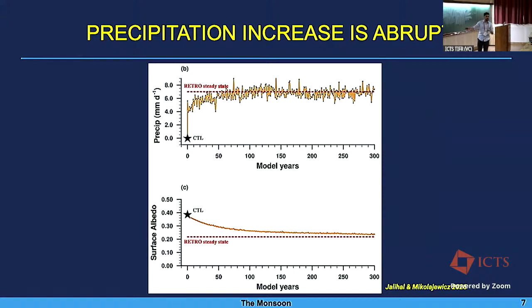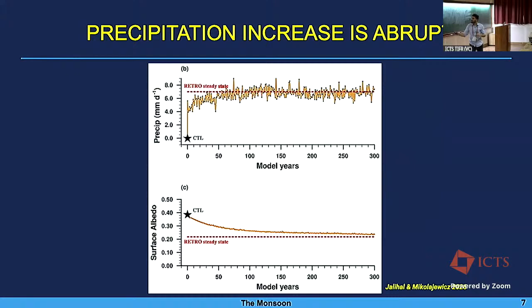In control, it is 0 because it's a desert, no rainfall. The very first year, rainfall jumps up quite high in spite of very high albedo, right? And then it gradually increases. Within about 100 years, it is already very close to the steady state value. This value here is nearly 70% of the steady state value.